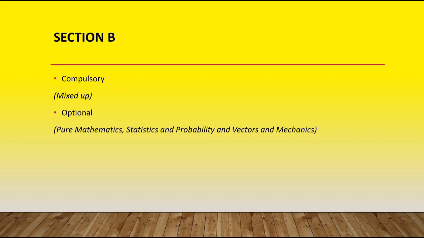And then under the vectors and mechanics, we have vectors in plane, scalar dot product, statics and dynamics. Statics and dynamics are the mechanics. And then the vectors, we have vectors in plane and then scalar product.